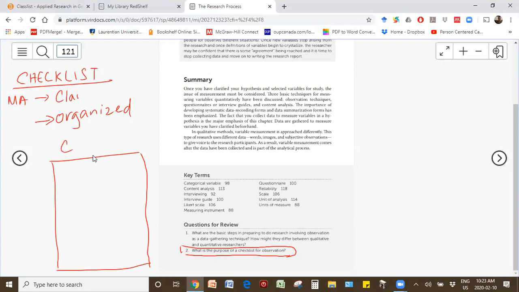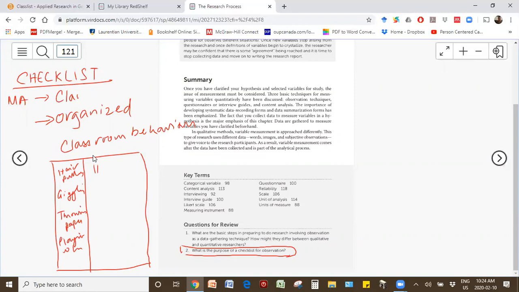So if you're thinking about classroom behavior, and you have different behaviors that you're looking for, say, hair pulling, giggling, throwing paper, playing with hair, and then you're counting.